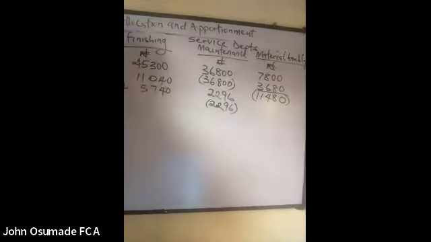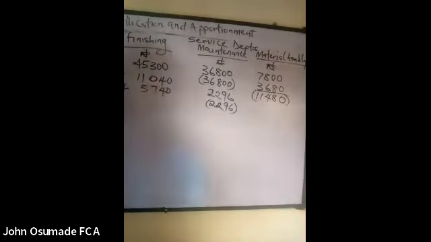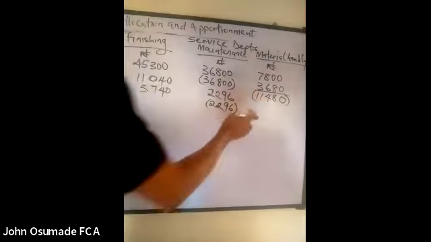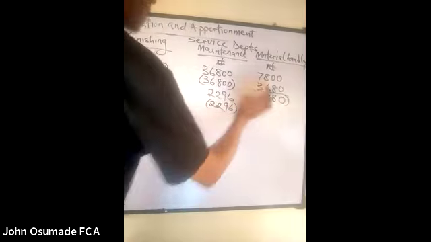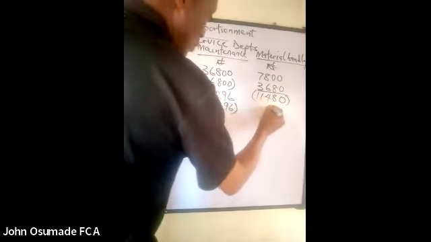The 10% of maintenance 2296 we go to where? It will go to material handling. So what that will be 230.